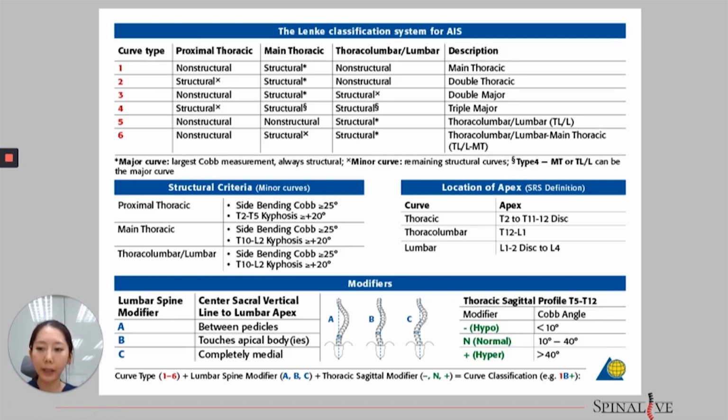So hence most of the time I do take into Lenke's classification system because it is more detailed, and they also do include the lumbar spine modifier, meaning when you draw a plumb line, does the line pass through the pedicle in between the pedicle of L4, L5, or does it not touch? So all this information is quite important when you check a scoliosis x-ray or scoliosis patient.